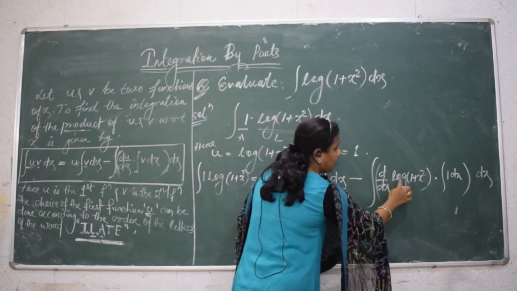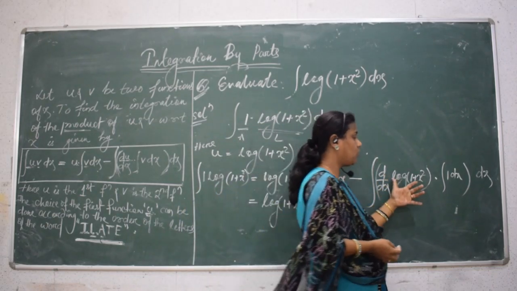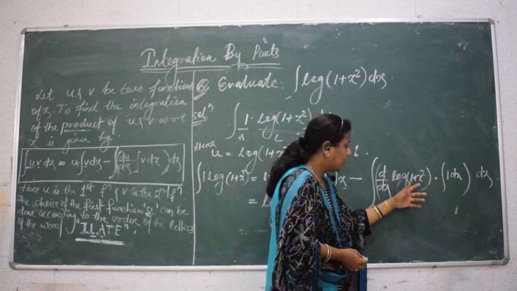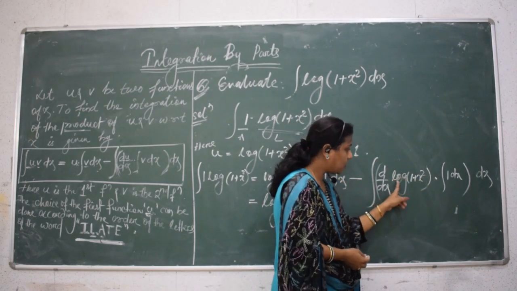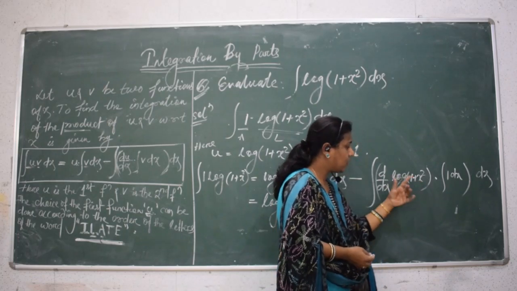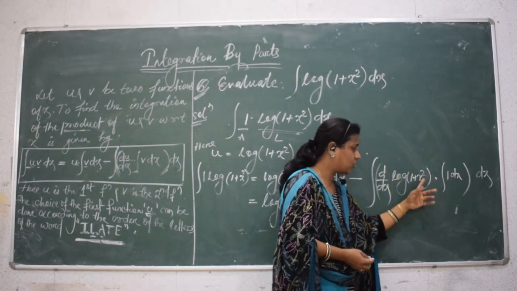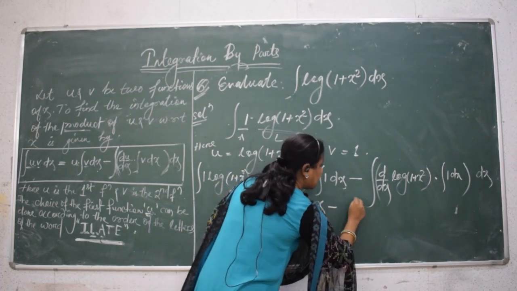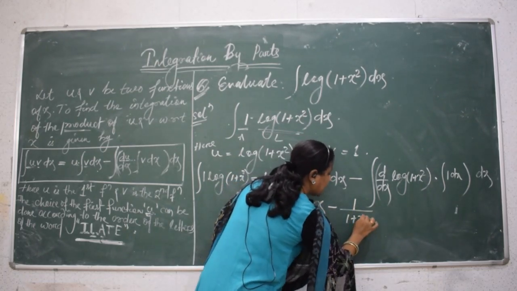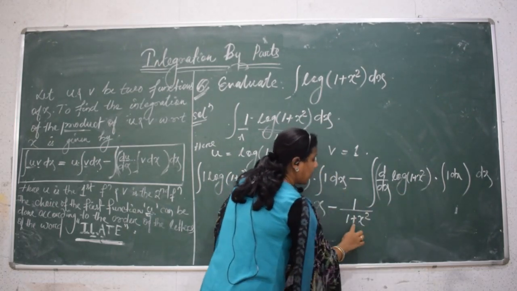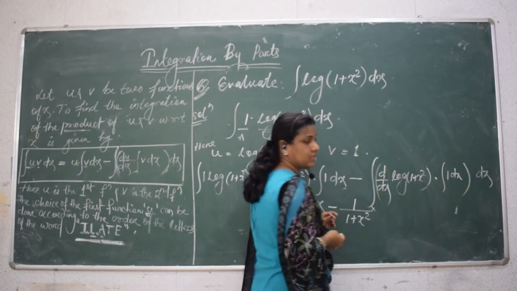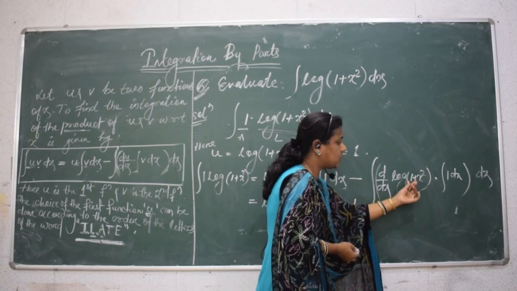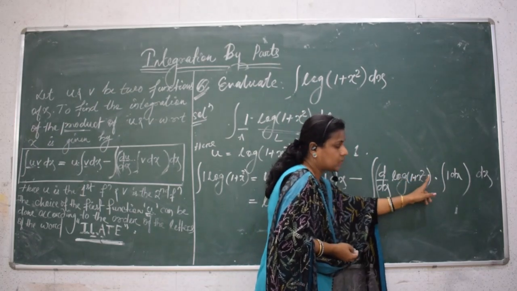What is the derivative of log of 1 plus x square? Here you have to apply the chain rule. You know the derivative of log x is 1 by x, but here log of 1 plus x square is there, means inside the log another function is there. So, you have to apply the chain rule: the log function gives 1 by 1 plus x square, into the derivative of 1 plus x square, where the constant gives 0 and x square gives 2x.